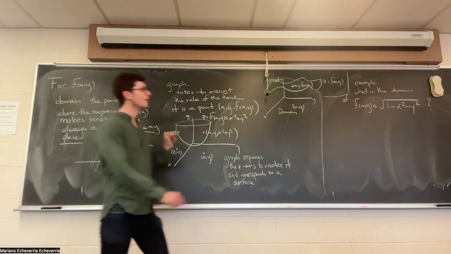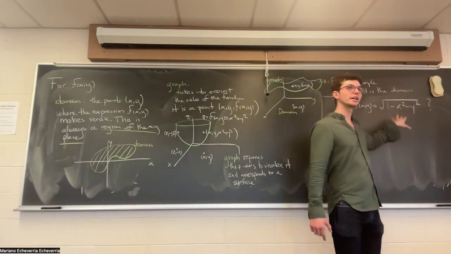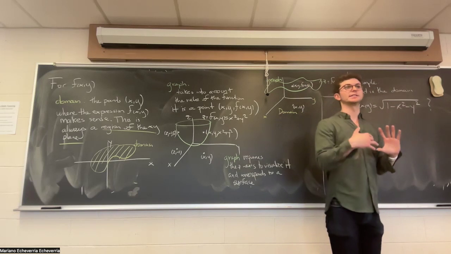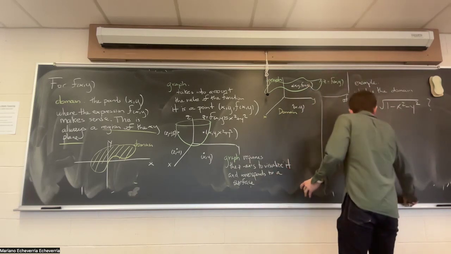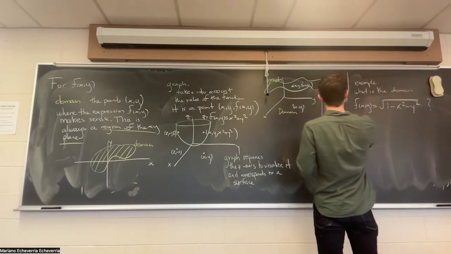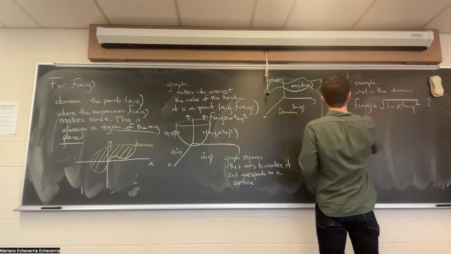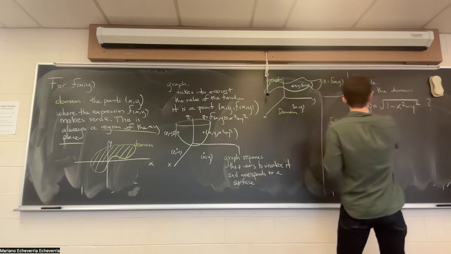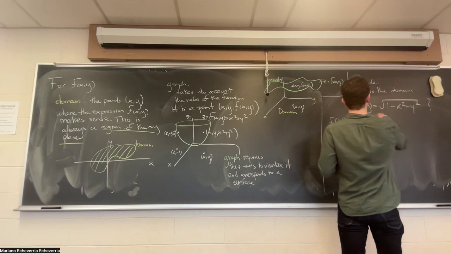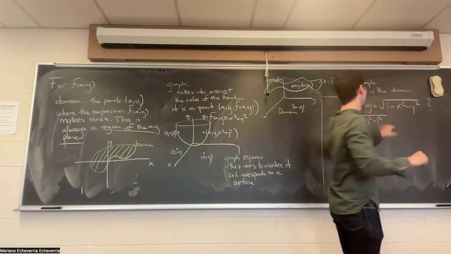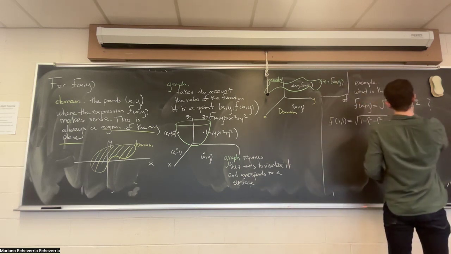It means what values of x and y can you plug in and this still makes sense? For example, what if you try f of 1 comma 1? What should f of 1 comma 1 be? That should be the square root of 1 minus 1 squared minus 1 squared, right? So you should get the root of -1.